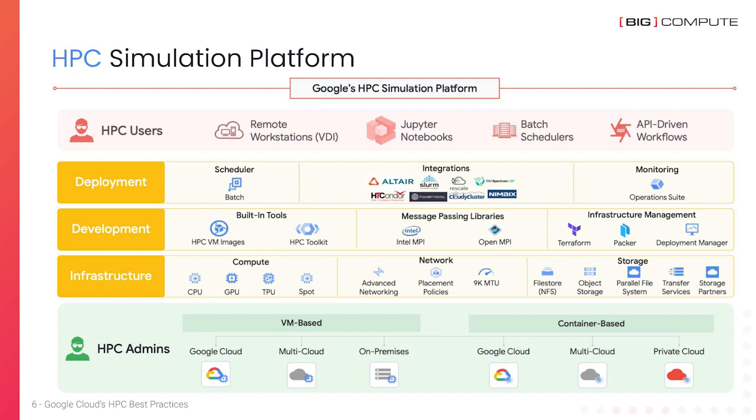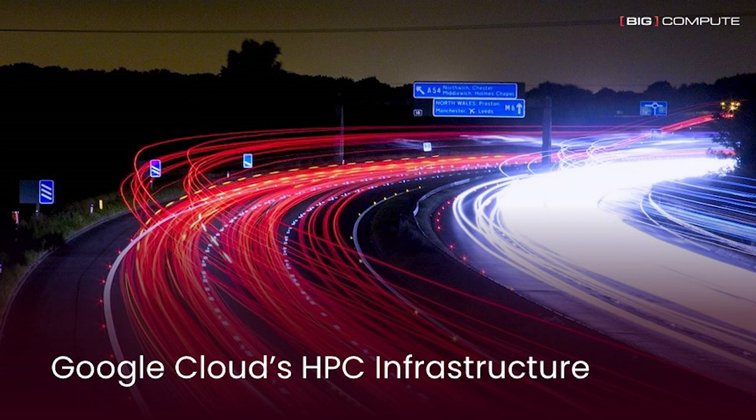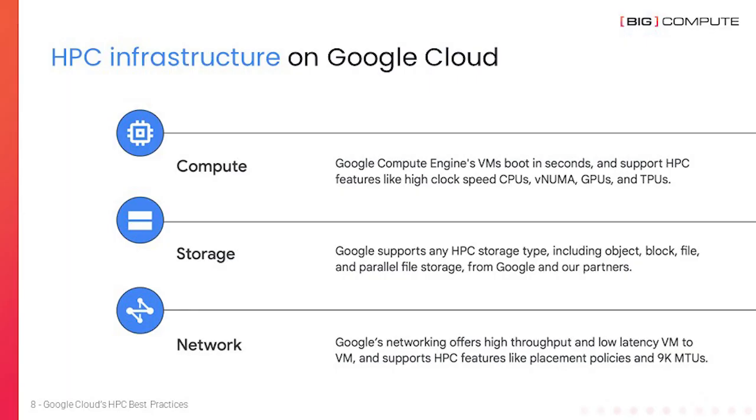You'll also find some of our core solution components like the HPC Toolkit, HPC VM images, and Batch that allow users to deploy and manage HPC workloads easily. Okay, zooming in on infrastructure building blocks, compute, networking, and storage. I'll focus on each building block separately and give you a better sense of how Google Cloud offers come together for your HPC workloads.